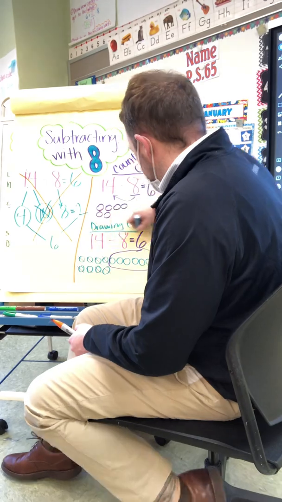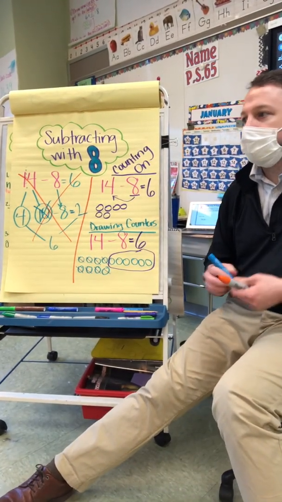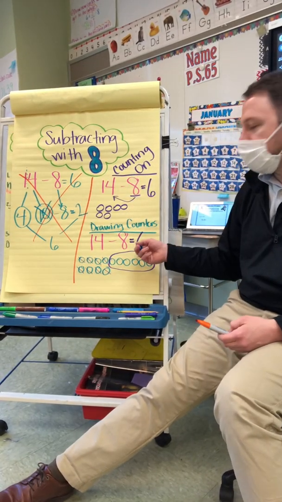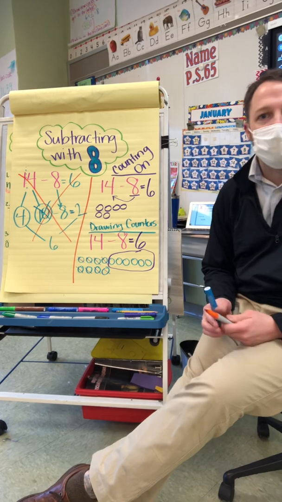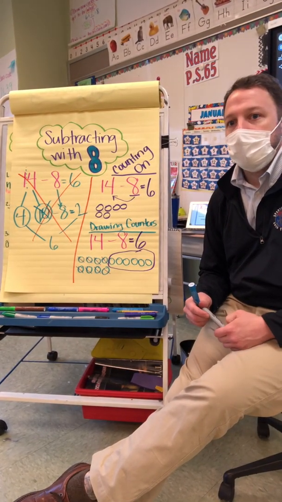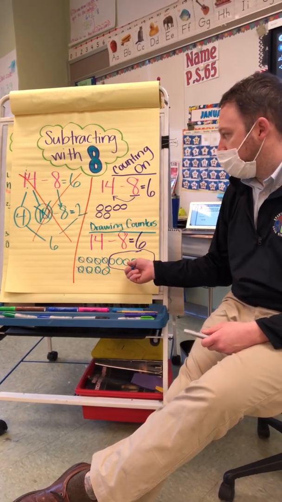Now, which of these two strategies do you think takes less time? Which of these two strategies, counting on or drawing counters, takes less time to do? You got to explain that to me. You just can't yell counters at me. Because there's counters here and there's counters here.